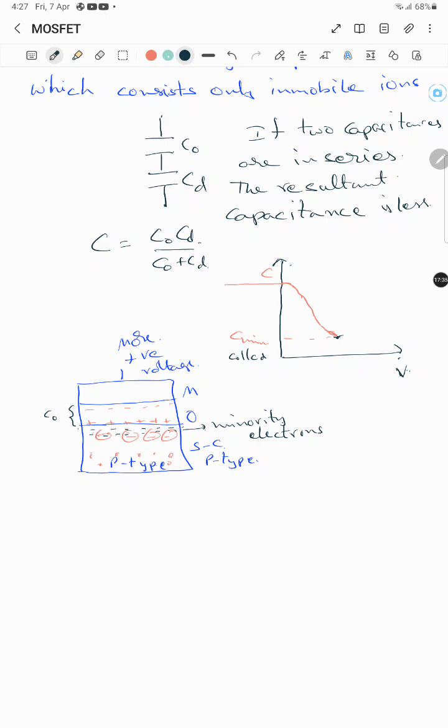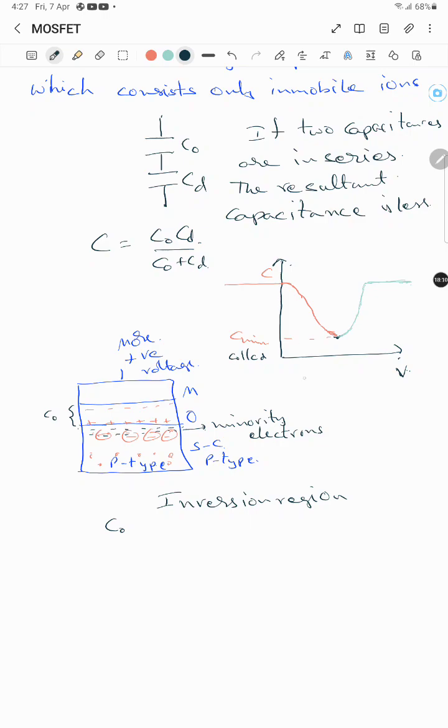It will rise back again and stay constant at C0. This region is called the inversion region. So again the capacitance is C0 only. Now the parallel component will go away.